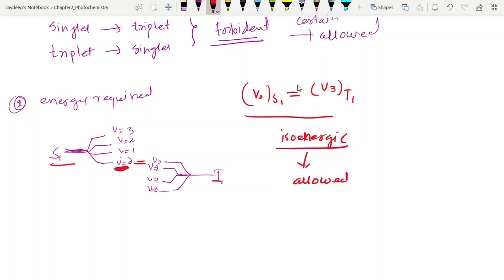Here you can consider that the V is the vibrational energy level in the singlet state, and that V is the vibrational energy level in the triplet state. So they have equal energy levels, and in that case the transition will be an allowed transition.